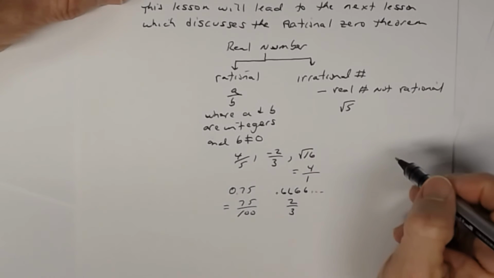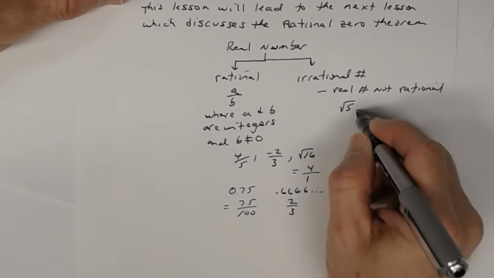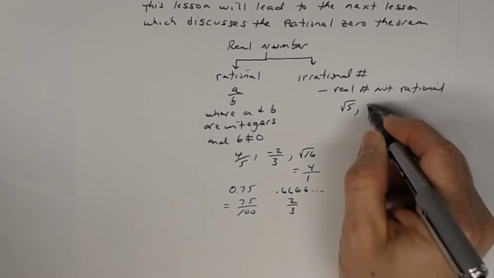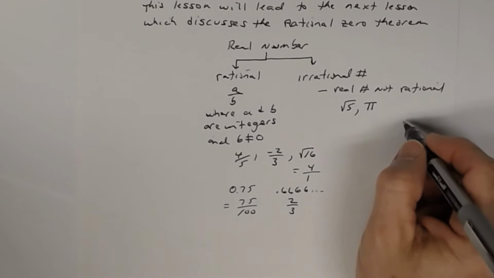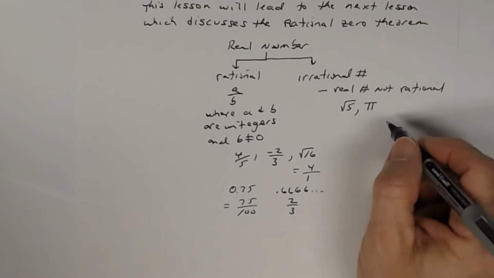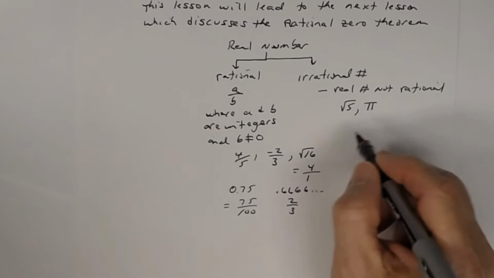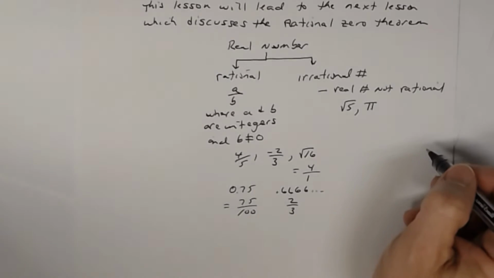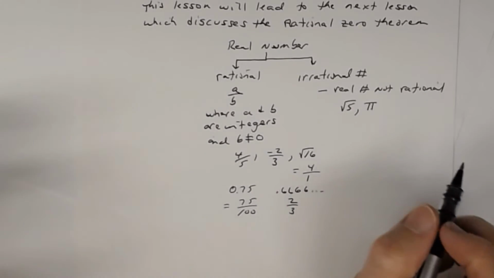Another one you're probably familiar with is the number pi. Pi in geometry is considered an irrational number also. That's why you can't write it as a fraction, and that's why we use a Greek letter. All right, so that was a quick summary of rational and irrational numbers.